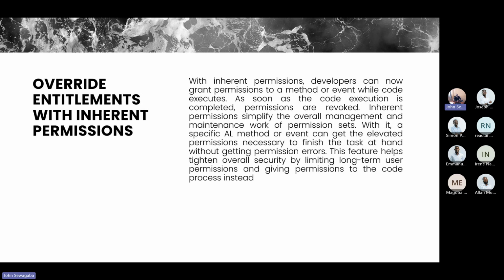Now, here it has been extended to even a function that I can define. I instruct it to inherit permissions of execution as it would be in a full user mode.